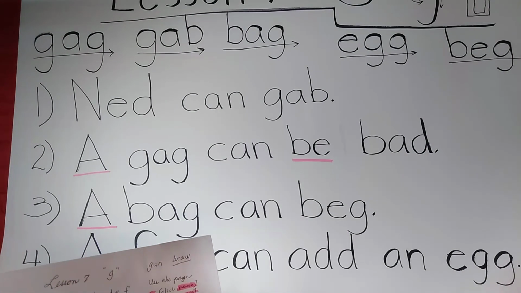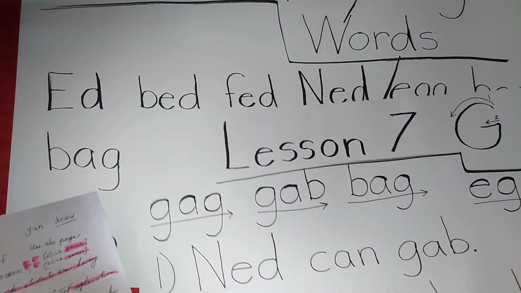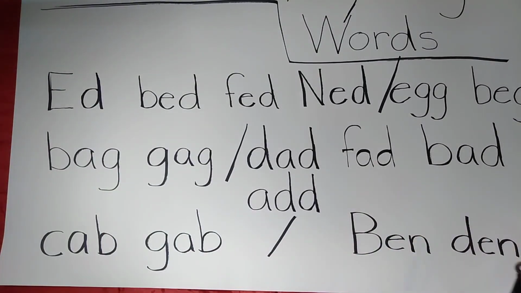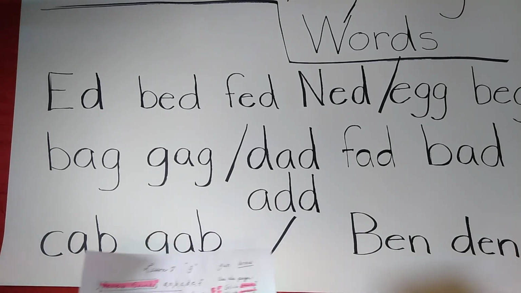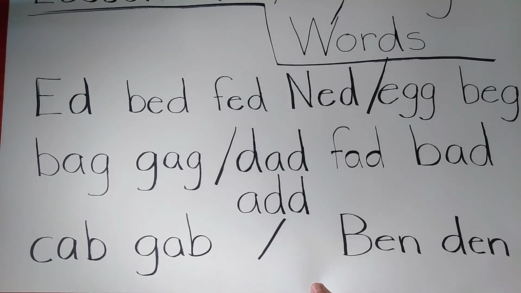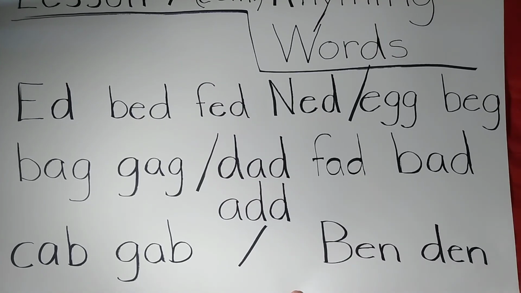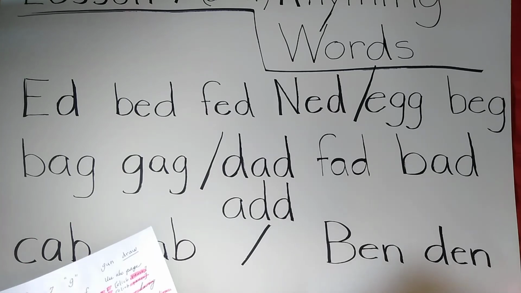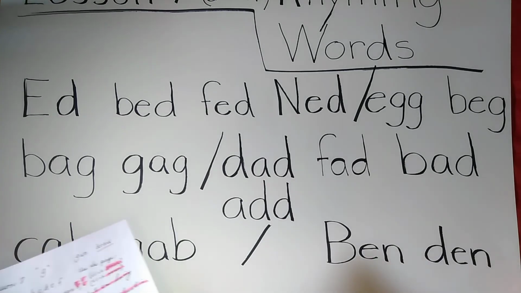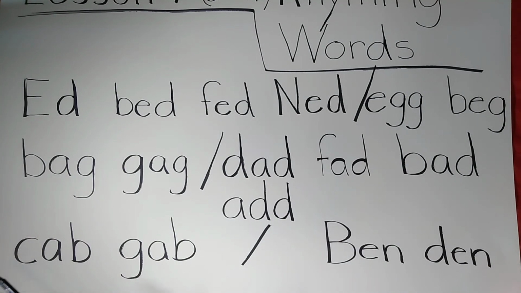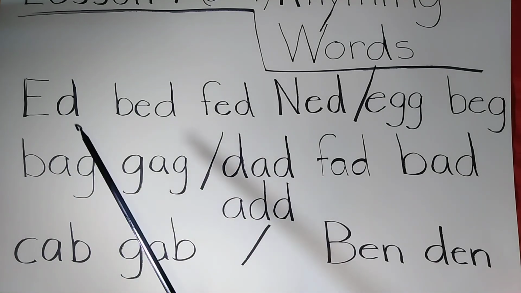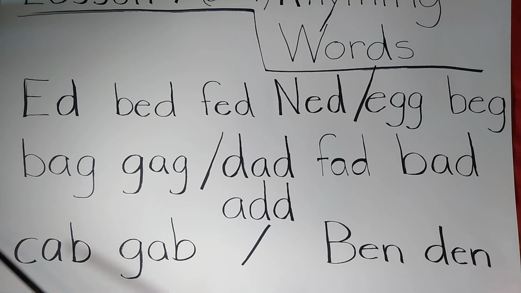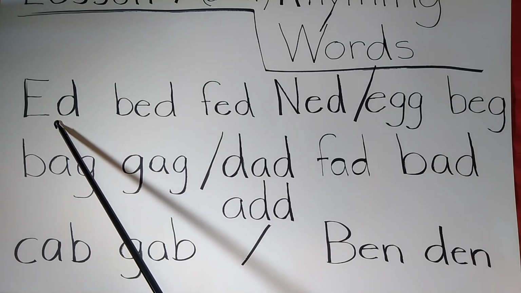All right. Now, let's do some rhyming words with the students. And I'm just going to go through these real quickly. And then, teachers, I want you to take the students through these words once or twice. You might want to even do it a third time if you think it's needed. Here they are, the first set.